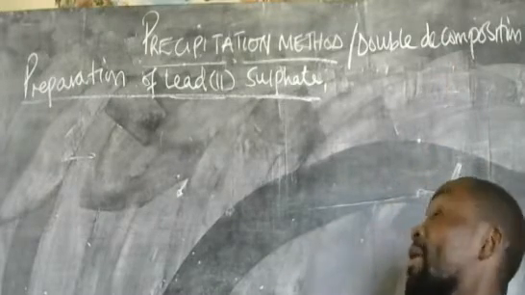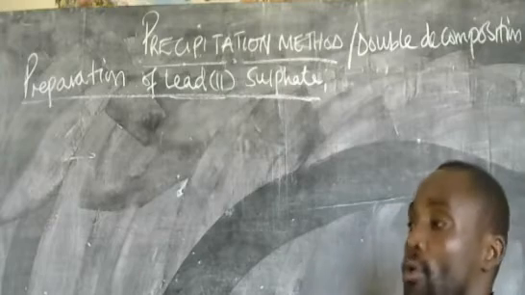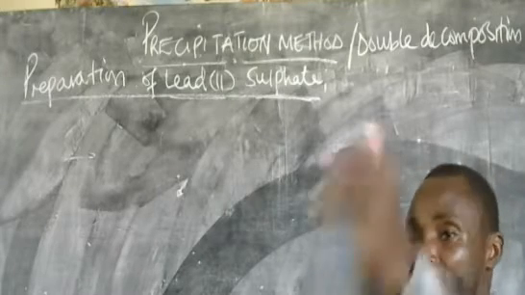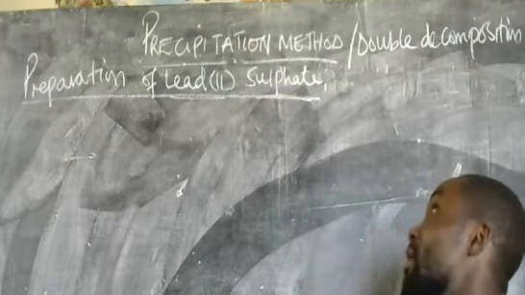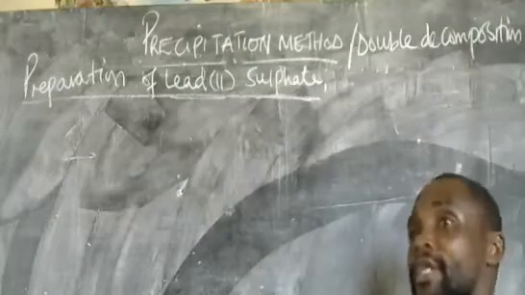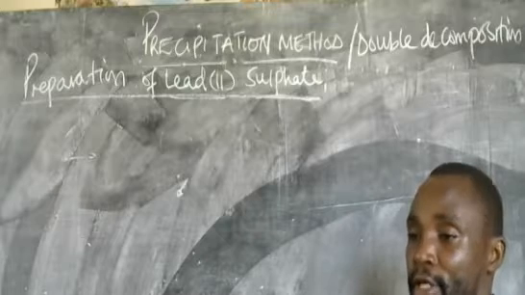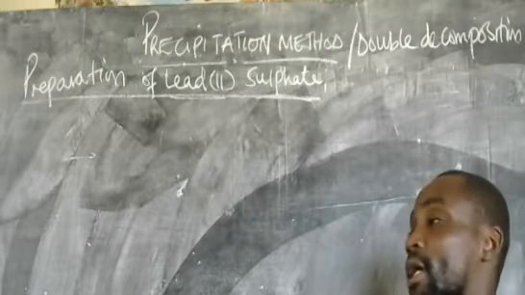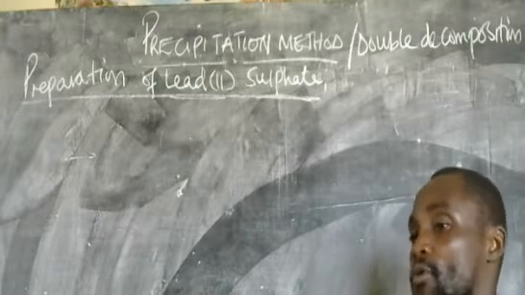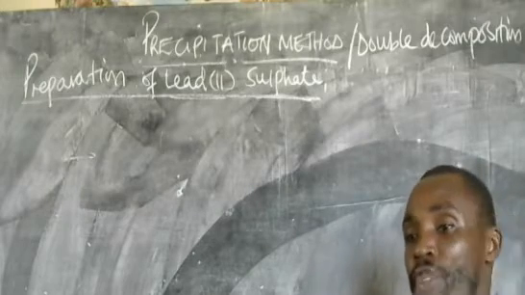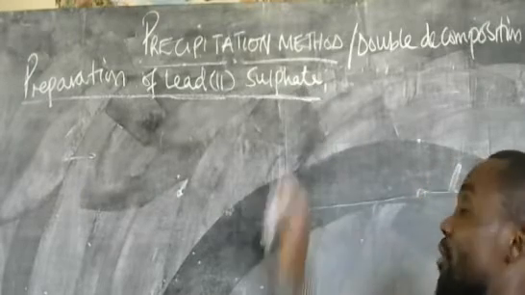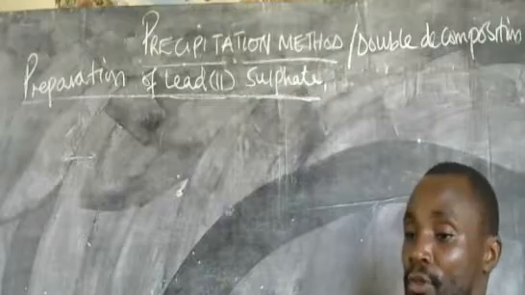So when we are preparing lead salts that are insoluble, we use lead 2 nitrate solution. Then we get another soluble sulfate, which can be sodium sulfate, potassium sulfate, ammonium sulfate, any soluble sulfate. When added onto a solution of lead 2 ions, we come up with a white precipitate of lead 2 sulfate.